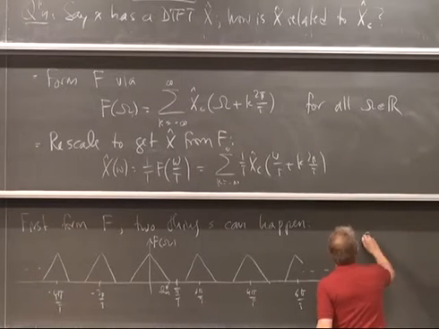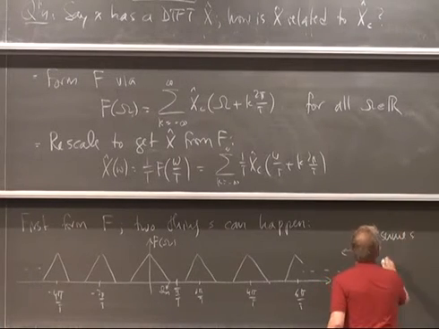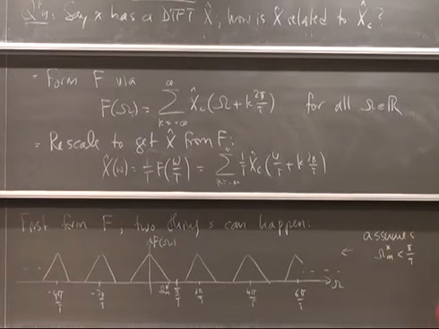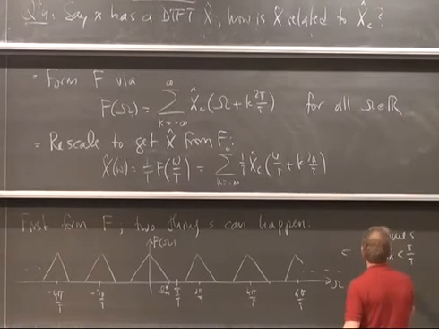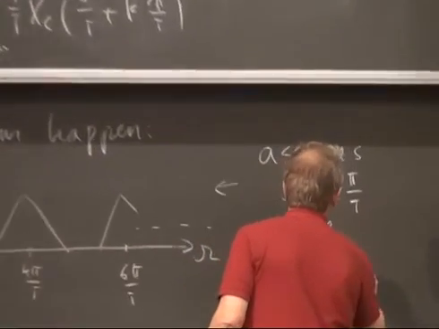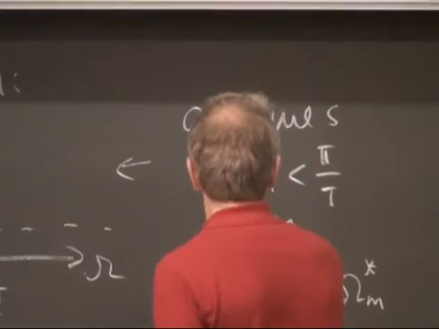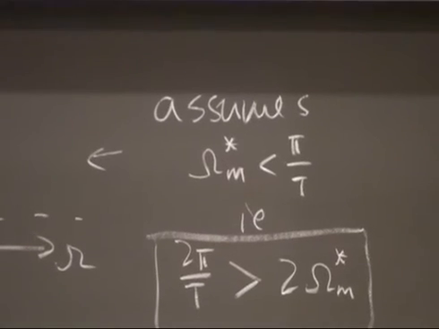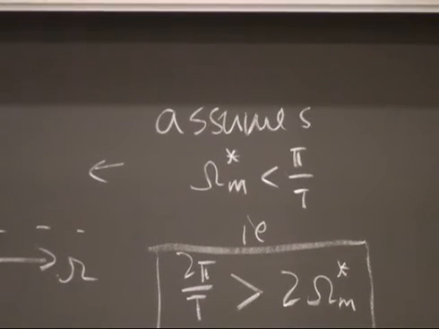So this picture assumes that omega m star is less than pi over t. Another way of writing that, and you'll see why later on, is that 2 pi over t is bigger than twice omega m star. Yes, now you're seeing it. You're remembering something from EC 2200, eh? Yep.